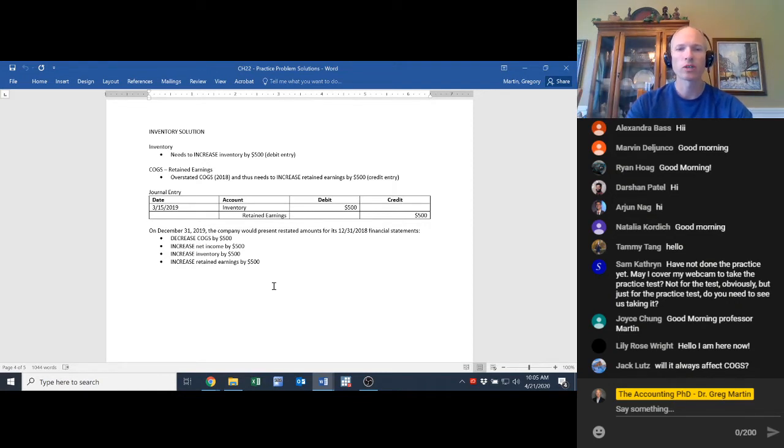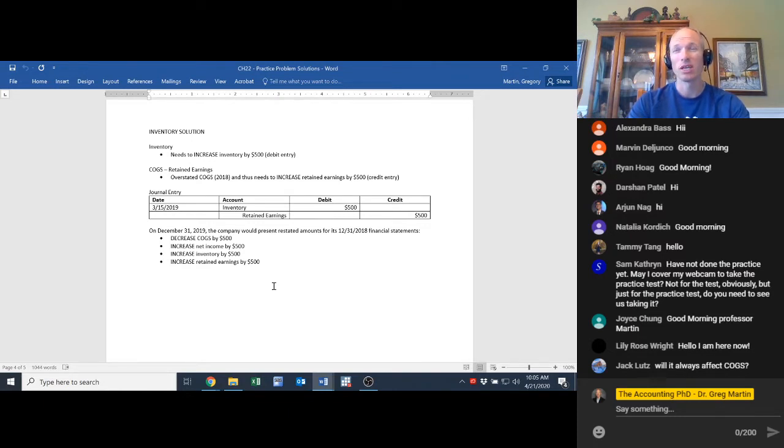And then also increase retained earnings. So will it always affect cost of goods sold? Let's see, there could be a situation where it might not. Let's say, for example, I forgot to record the purchase and also forgot to include it in the inventory count itself.